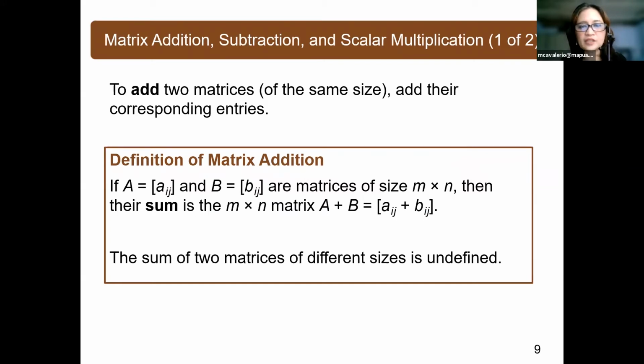For matrix addition, subtraction, and scalar multiplication, we can add two matrices if they are of the same size, such that we will only be adding their corresponding entries.